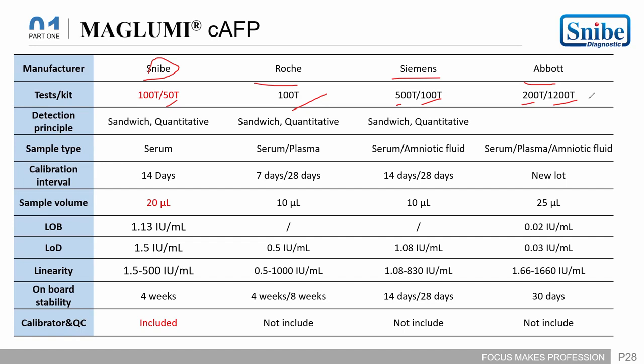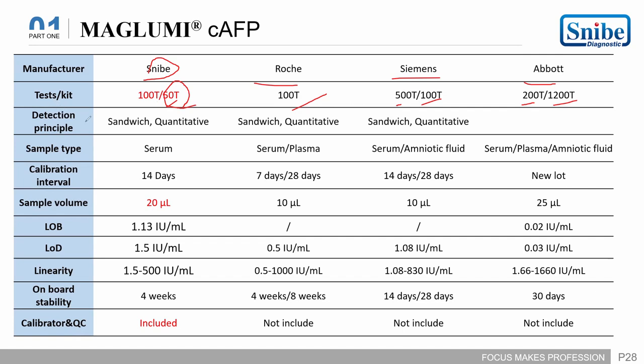Usually alpha fetoprotein, as a cancer marker or prenatal screening marker, has rare assay utilization in any lab as compared to routine thyroid and fertility. That's why SNIBE has this innovative thought of providing a smaller pack size, so every lab can perform these assays on automation with a low number of tests per kit.